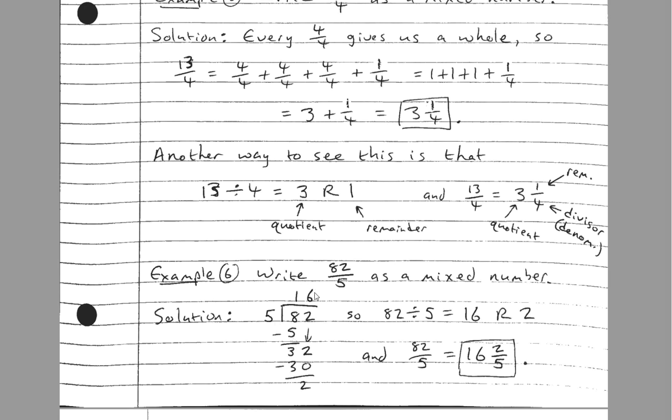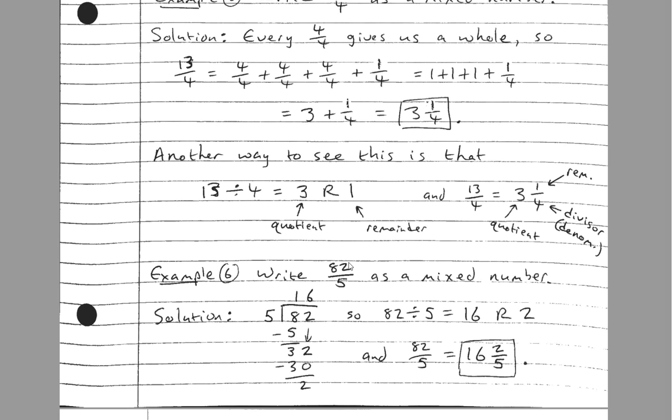So the quotient here is 16, and the remainder is 2. That quotient tells us the whole number piece of the mixed number. So 82/5 is equal to 16 and 2/5. That makes sense.